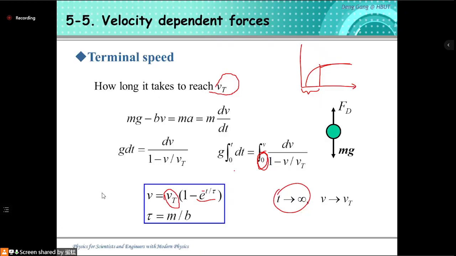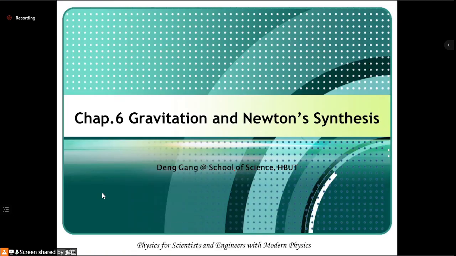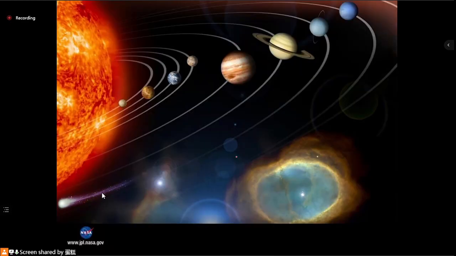So, okay, that's something about the terminal speed. The next part, dynamics, we are going to investigate gravitation. Gravitation is one part of Newton's theory, and it is very important because it determines how our universe works.